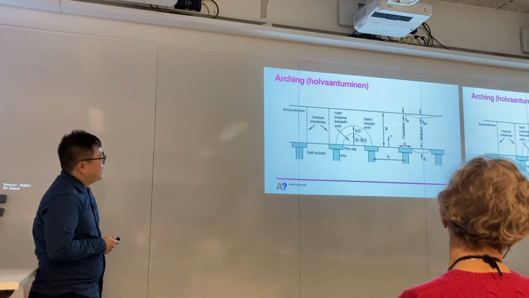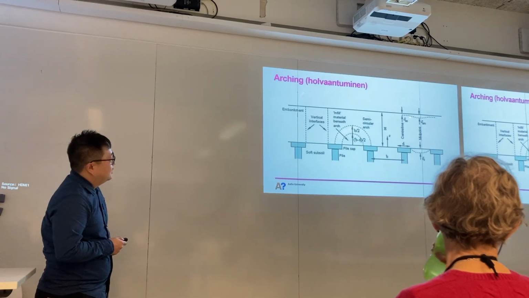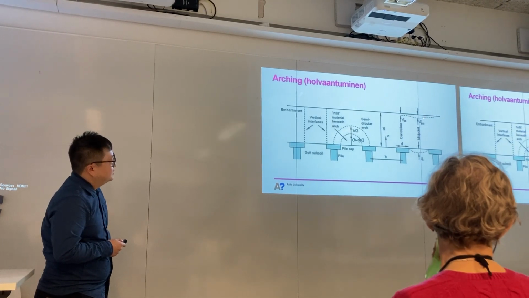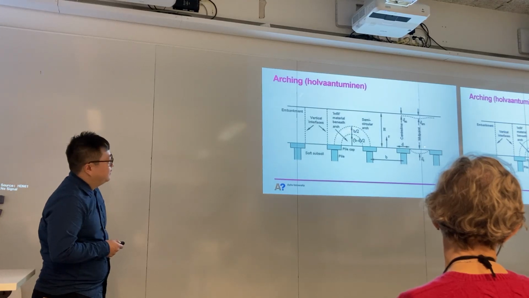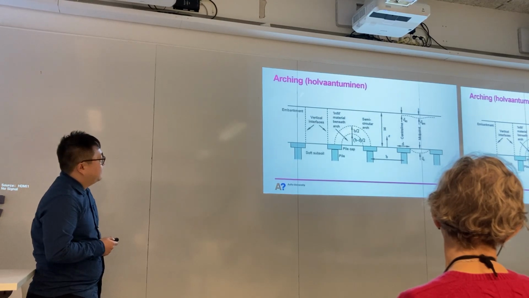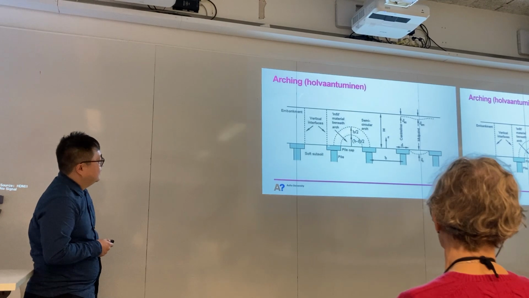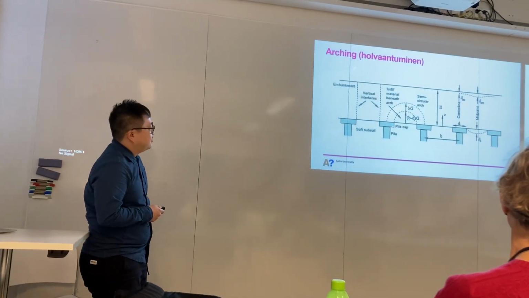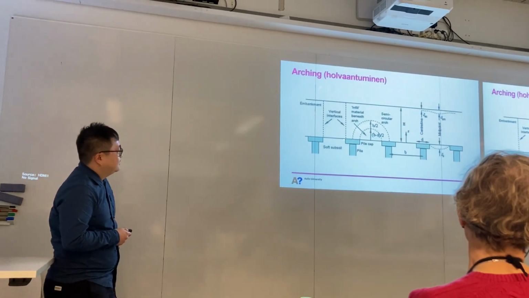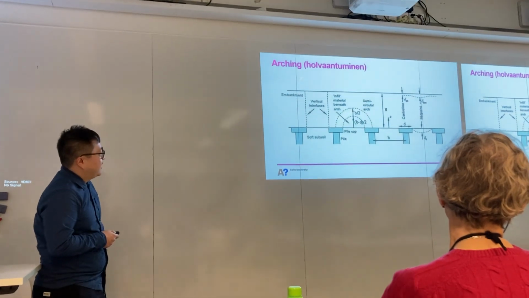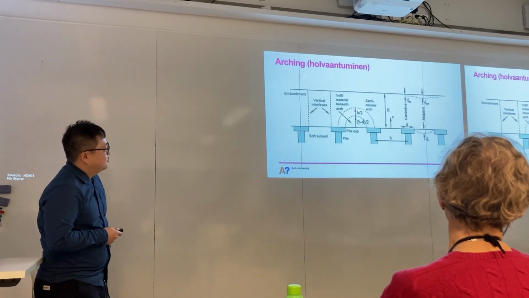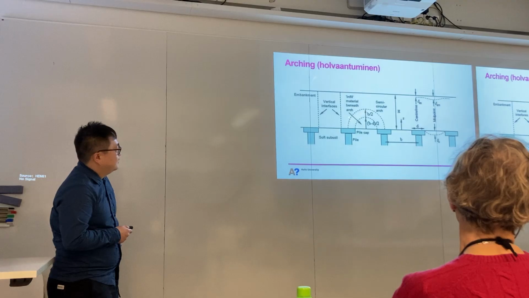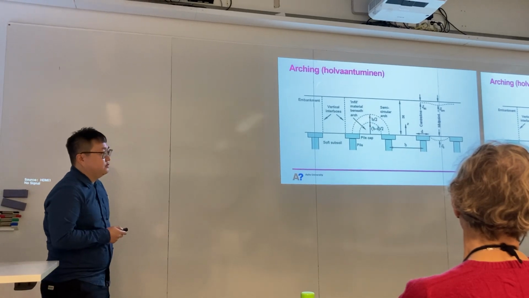It can also avoid some big settlement between the piles. But if we replace the pile cap structure with a slab structure, we don't worry about it, because a slab is a continuous structure, so the arching is not critical.